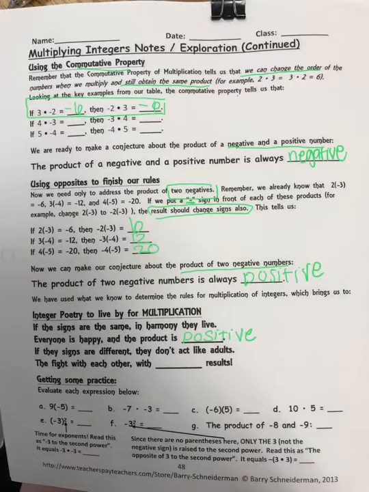They fight with each other with negative results. If the signs are the same, the product will be positive. Doesn't matter if the signs are both positive or both negative, the product will be positive. And if the signs are different, your product will be negative. Very good.